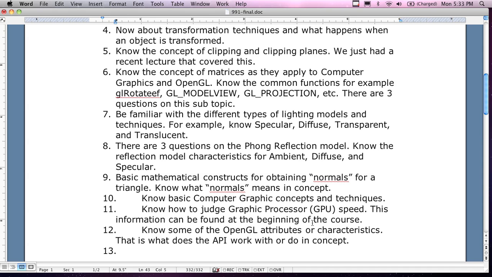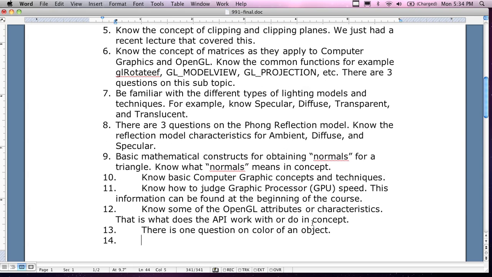There's a question on color. There is one question on color of an object. There are no questions on OpenGL function calls.